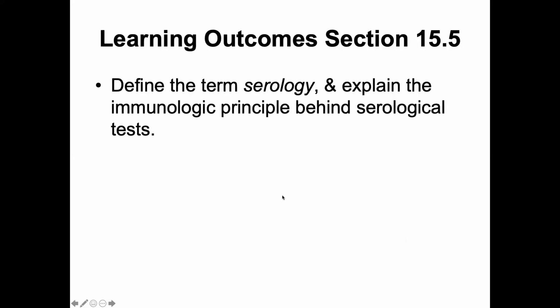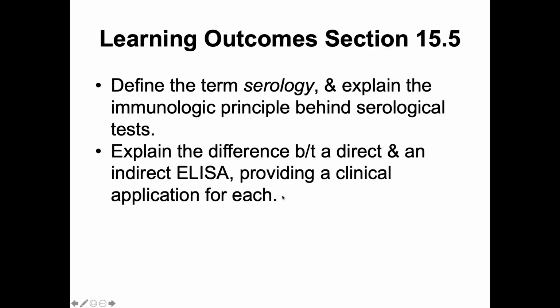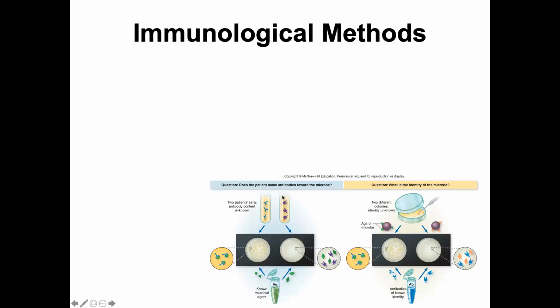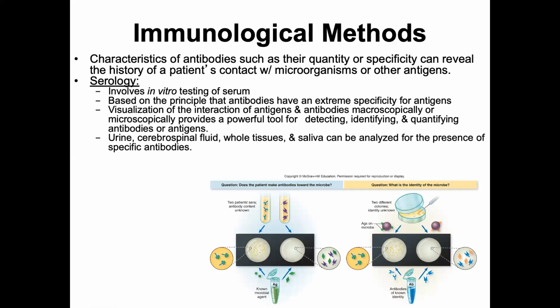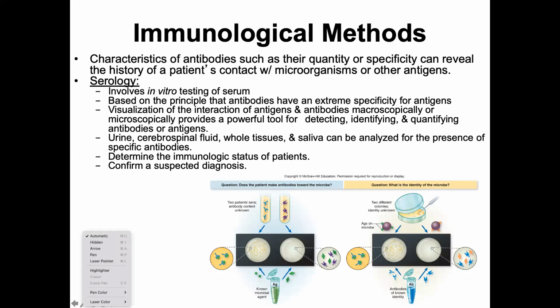All right. We'll talk about some different methods of detection. Okay. Talk about serology and ELISA, what they're all about. Okay. So the bottom line with this, all right, all of these immunological methods is that you can find a tool to attach to a molecule that your pathogen has. Okay.